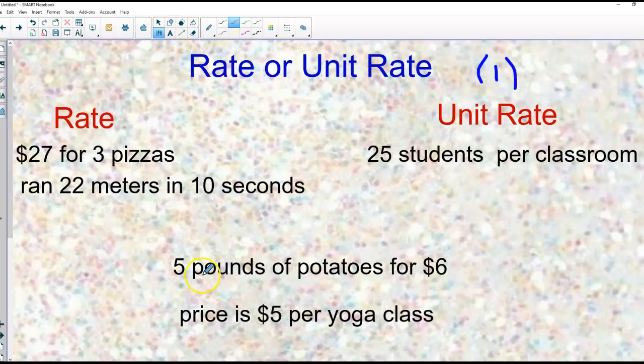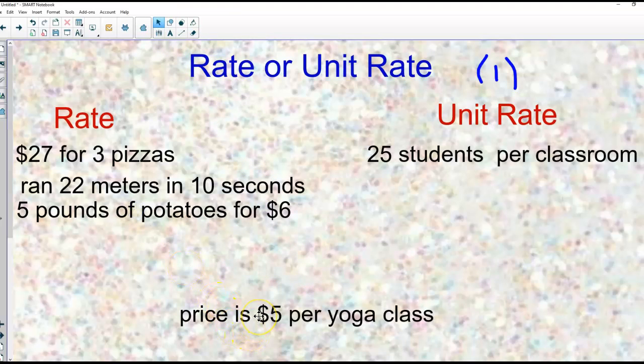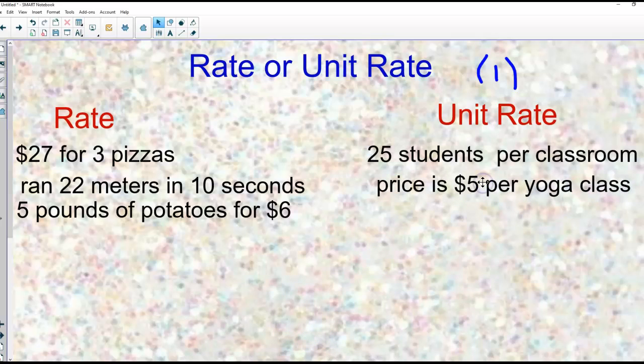Okay, how about 5 pounds of potatoes for $6? Again, I don't see anything that says 1, so it would be a rate. And the price is $5 per yoga class. So there's the word per again. So the word per indicates 1. So I would put that over there.